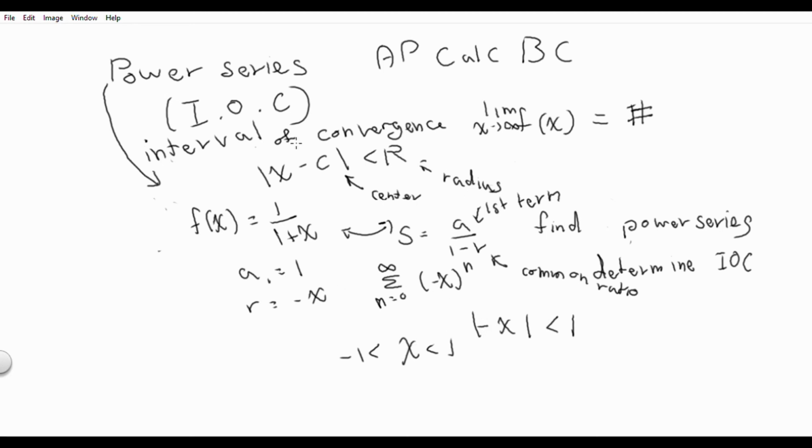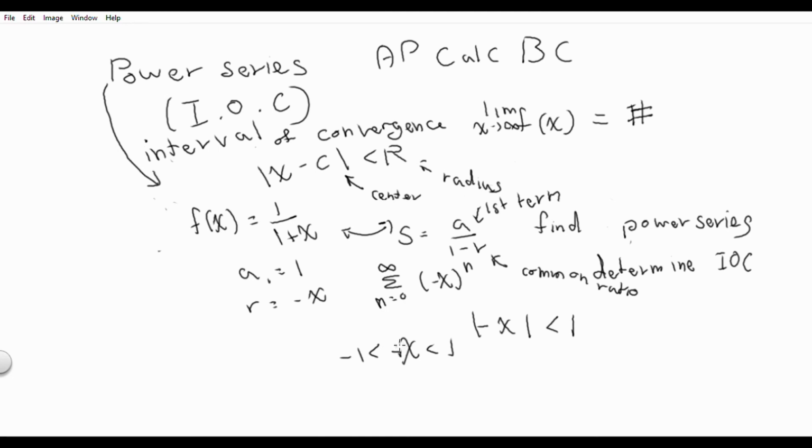When you're solving the I.O.C equations, a lot of times it's going to be pretty tricky because there's going to be a negative. If you go along with this negative, then what's going to happen is -1 is less than x, which is less than 1, which doesn't make sense because 1 is bigger than -1. So you need to know that if you take the value inside the absolute value out, then it's going to turn into positive.